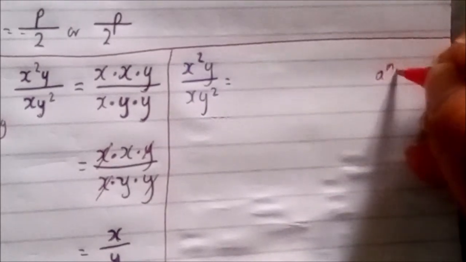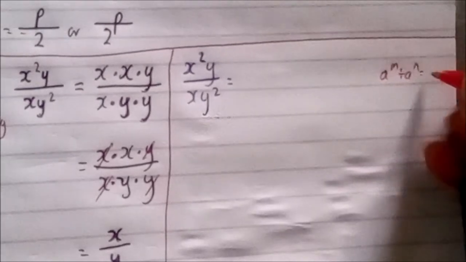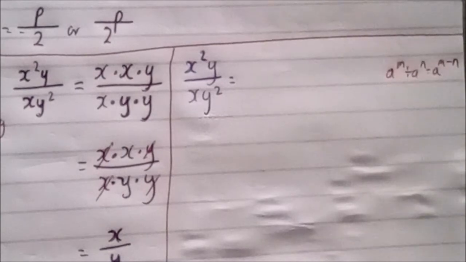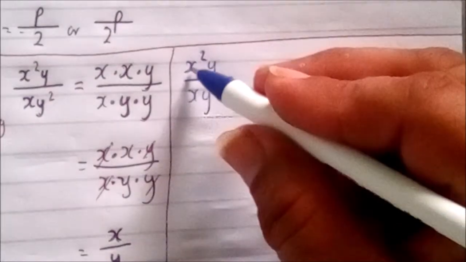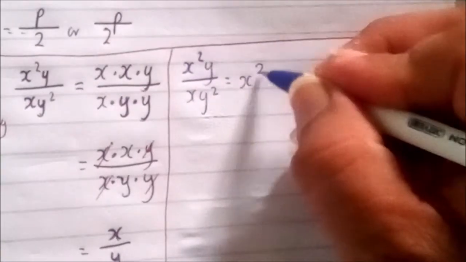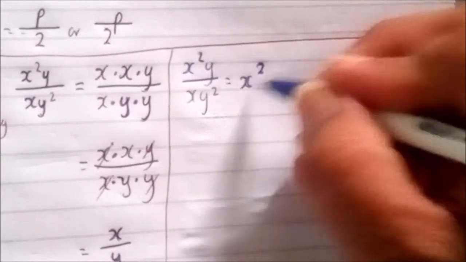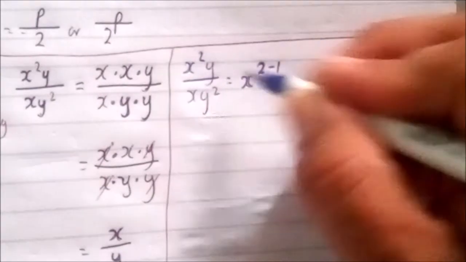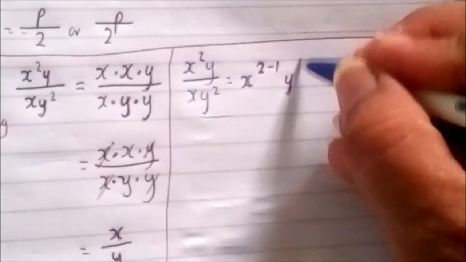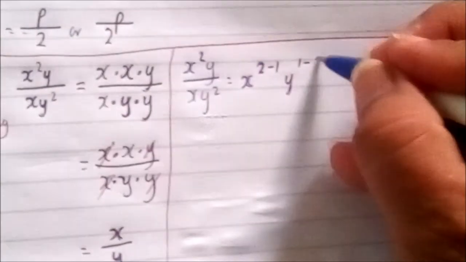A to the power m divided by a to the power n is a to the m minus n. That's the rule. So we take here x squared divided by x to the first, we subtract 1, then y to the first at the top minus y to the second at the bottom.